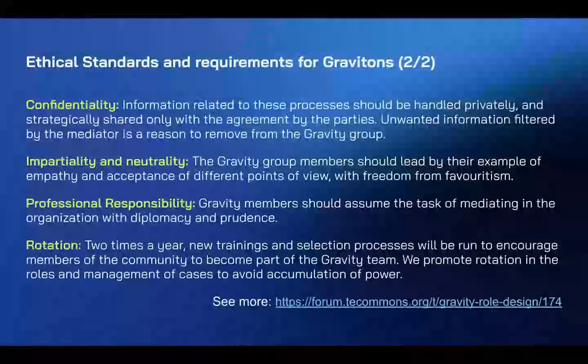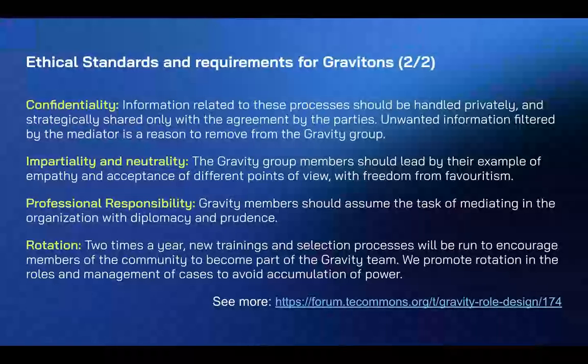And this is really important because we handle some sensitive information, and the ethical use of that information is a really important principle of being a third party. Also, impartiality and neutrality. The Graviton should accept the different points of view with freedom from favoritism.